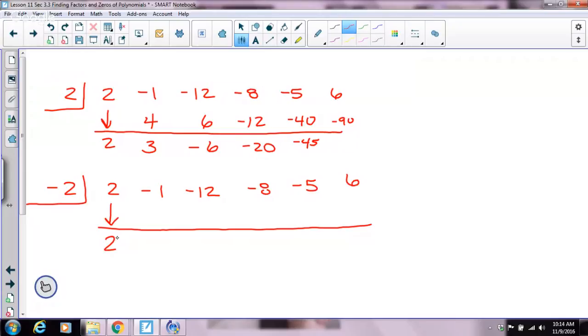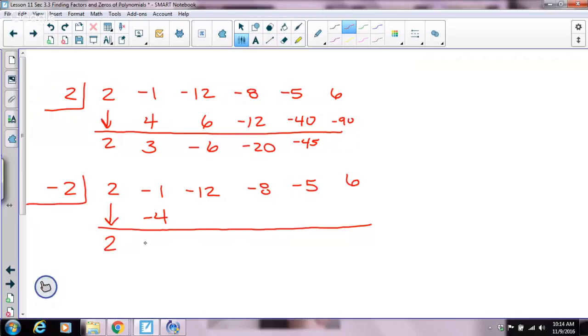I'm waiting for everybody to get paper and to work this out.